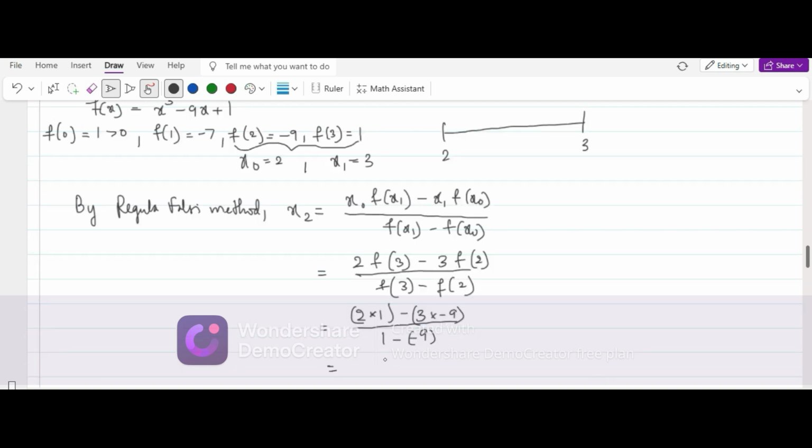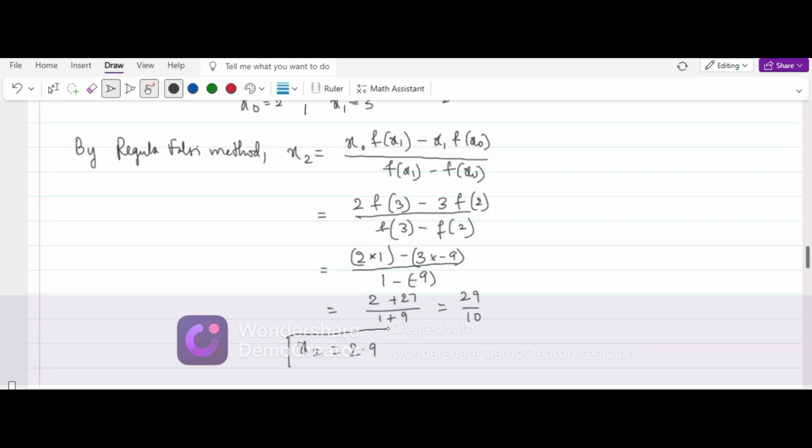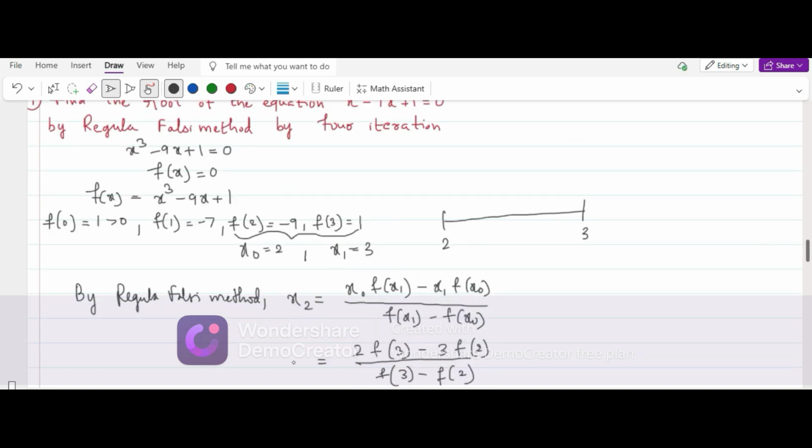So this is nothing but 2 minus, into, minus plus 27, divided by 1 minus, into, minus plus 9, which is 2.9. ಓಕೆ, ಸೊ ಈಗ ನಾನೇನು ಹೇಳಿದೆ, 2 ಮತ್ತು 3 ಮಧ್ಯೆ 2.9 ಇದೆ, ಅದು ರೂಟ್ ಆಗಿರ್ಬೋದು ಅಂತ ಗೆಸ್ ಮಾಡಿದ್ದೀನಿ.